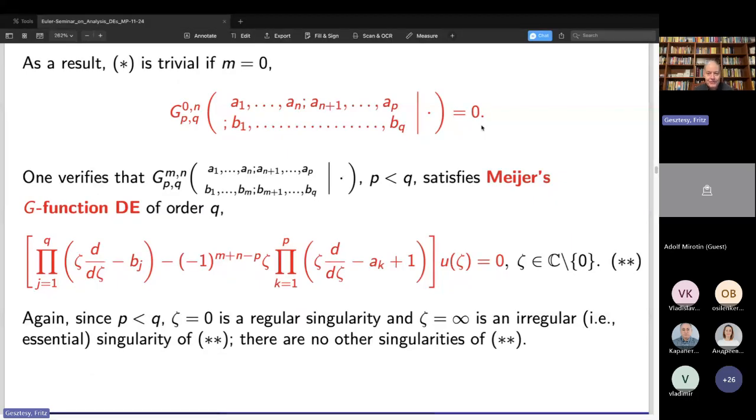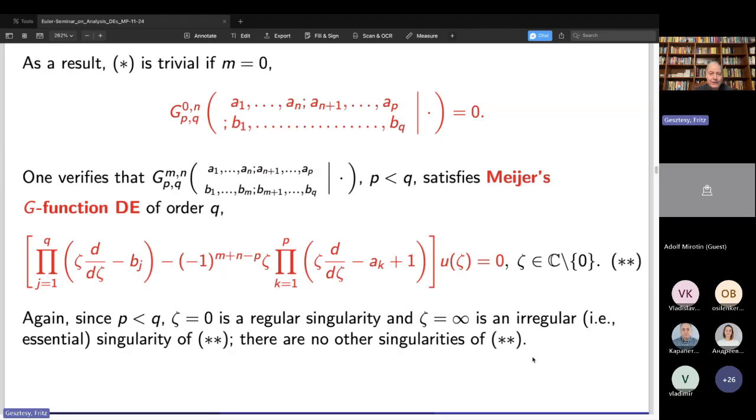What's more interesting is that as long as p is less than q, so these are the two lower indices, and the left one is strictly less than the right one, there is a differential equation of order q, and Meijer's G function satisfies this differential equation. So this is a bit different from the differential equation that we had for F, but in any case, this is the expression. I call this 2 star, and I might have to refer to it from time to time.